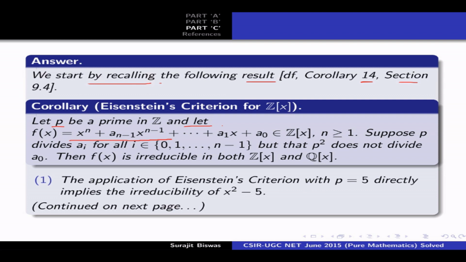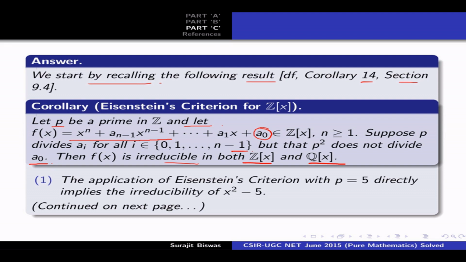Suppose p divides a_i for all i in 0, 1 up to n−1, but that p² does not divide a0. I mean all the coefficients except the leading coefficient are divisible by the prime, but a0 is not divisible by p². Then f(x) is irreducible in both Z[x] and Q[x].